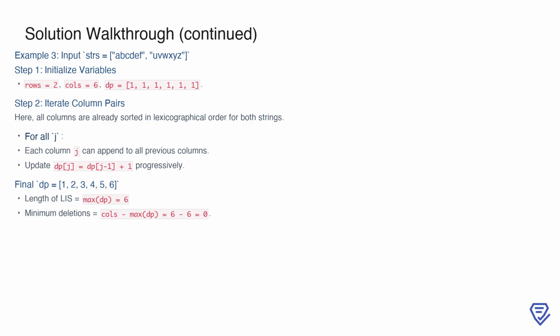This means every column j can append to all previous columns, so we progressively update the dp array by setting dp[j] equals dp[j-1] plus 1. As we iterate through the columns, the dp array becomes [1, 2, 3, 4, 5, 6]. The length of the longest increasing subsequence is max(dp) equals 6, and since all columns are part of the subsequence, the minimum deletions required are cols - max(dp) = 6 - 6 = 0.